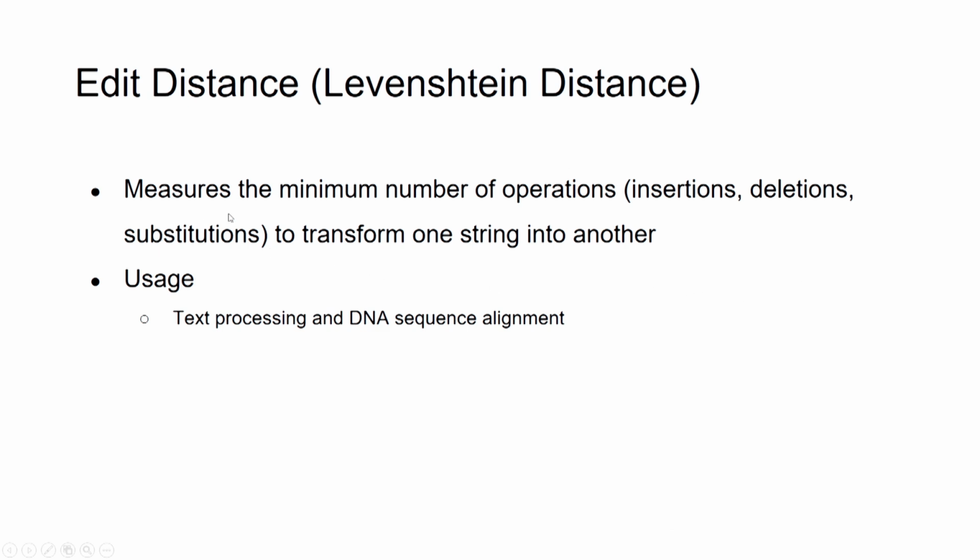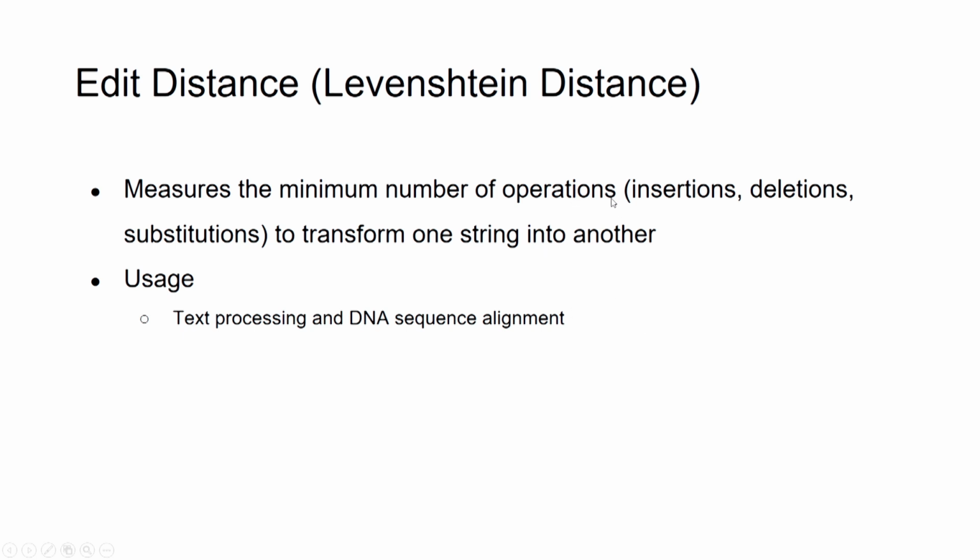In that case, this edit distance is defined as the minimum number of operations to transform one string into another string. In this way you will find out how much distance there is between these two strings. If only a few operations are needed to transform one string into another string, it means the distance between the two is less, otherwise the distance will be more.